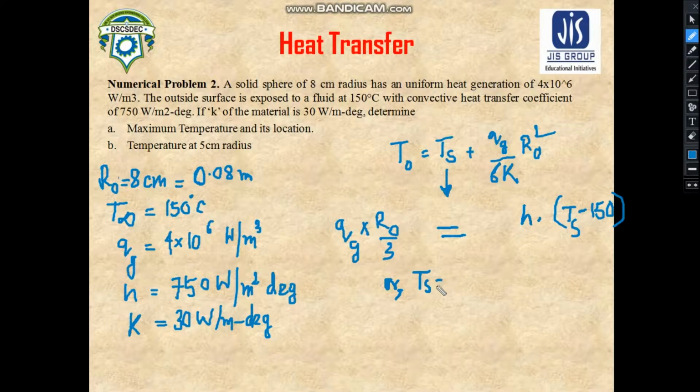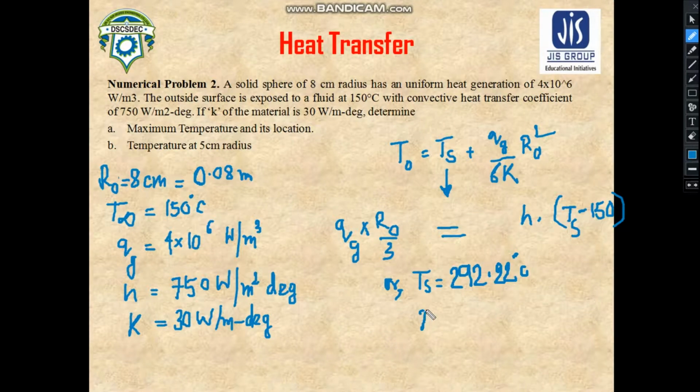Ts will be equal to 292.22 degrees Celsius. So this is the surface temperature. Now the question is to find the maximum temperature. So how can you find it? You just put this value here and calculate this function depending on the data available here.